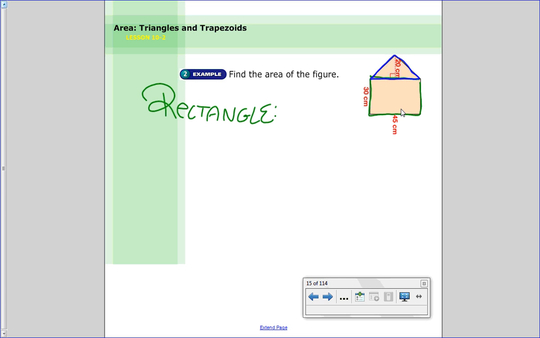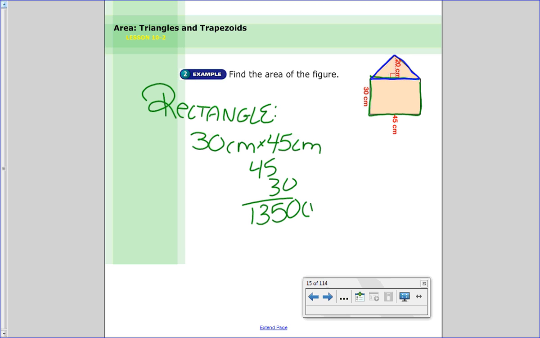I see 30 centimeters times 45 centimeters. And when you do that, you get 1,350 centimeters squared. So that is the area of this part, 1,350 centimeters squared.